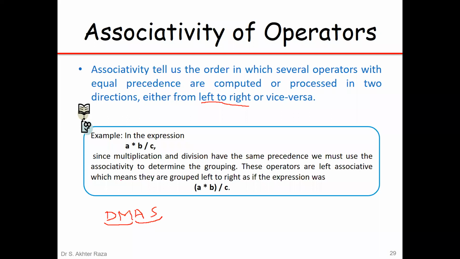If I am writing A into B, then C by the slash sign, then multiplication will be done first, then the answer will be divided by C. But if I am writing A divided by C, then multiplied by B, the division will be taken first and then the multiplication. If two or more operators have the same precedence, then the rule of associativity will be used. Associativity tells us to resolve the operators from left to right.